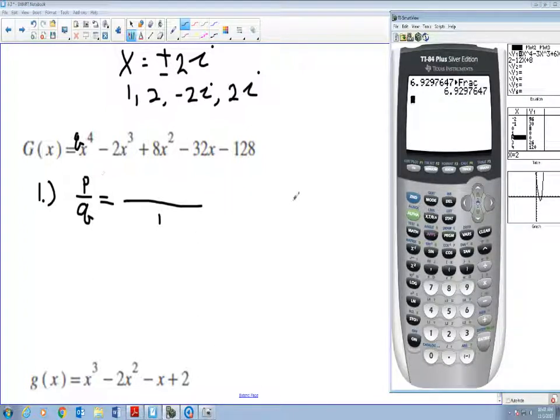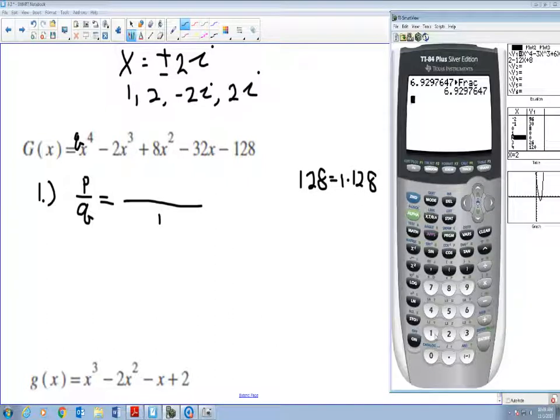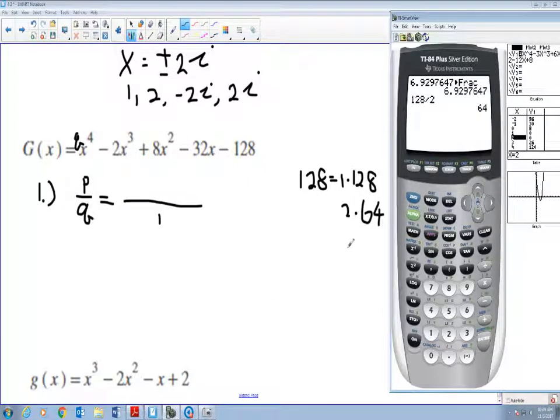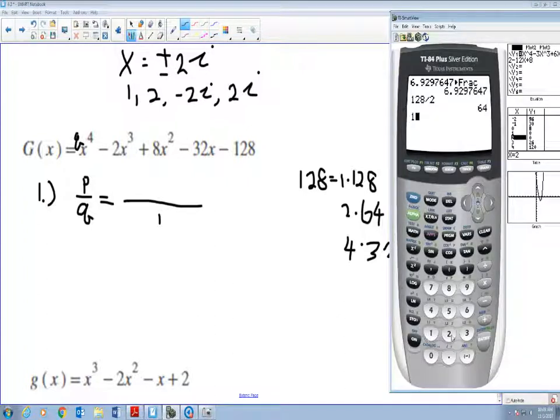What times what is 128? Let's just give it a try. 1 times 128, that's obvious. 128 divided by 2. 2 times 64. Alright. 3 cannot go into 128. 4 can. That would be 32. 5 cannot go into 128. 6 cannot go into it. 7. Let's try with 7. I don't know if 7 can. I'm going to try it though.